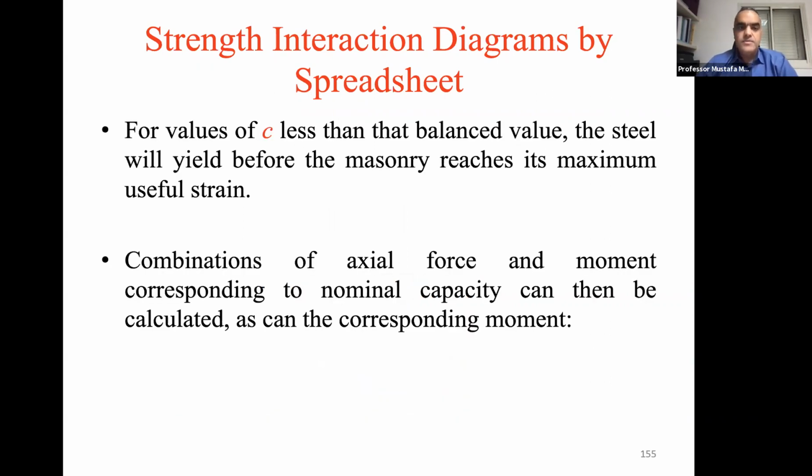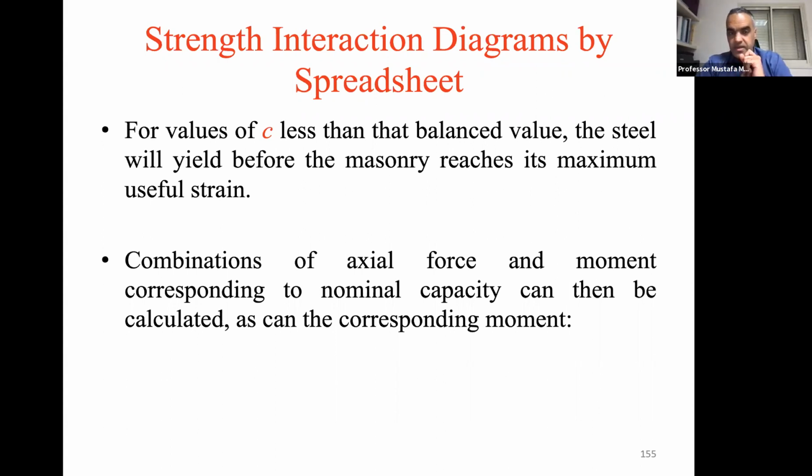Now for the C values, that's what we said before. We need to look at cases that are away from the balance point, before and after. For the balance point, the C value would be large, so we need to look at values that are less and values that are bigger. For values of C less than the balance point, the steel will yield before the masonry, and that's what we want.